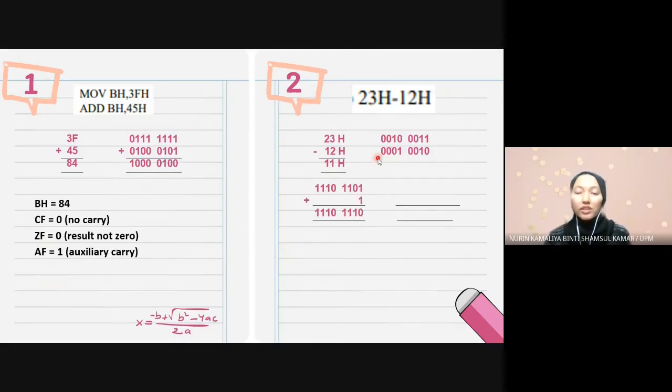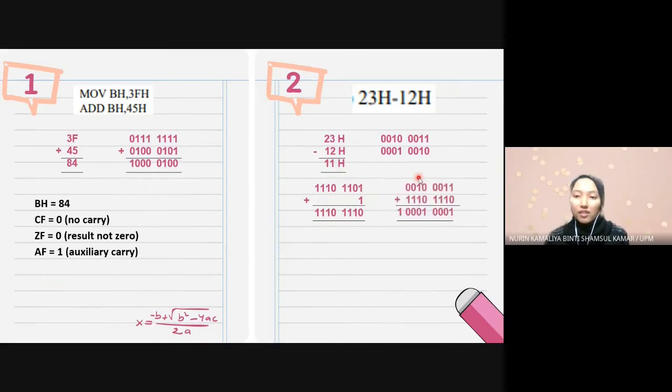So remember the step for subtraction: you must use 2's complement to get the result. So you complement the 12, it will become 1110 1101. After you complement it, you must add 1 to get the result 1110 1110.